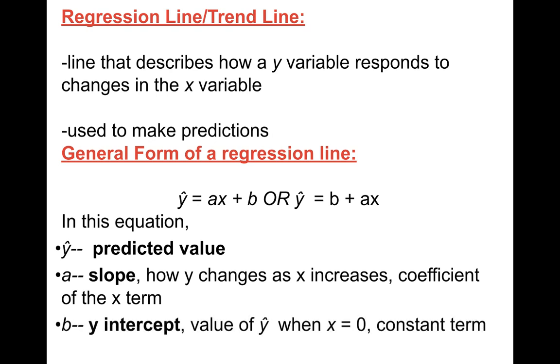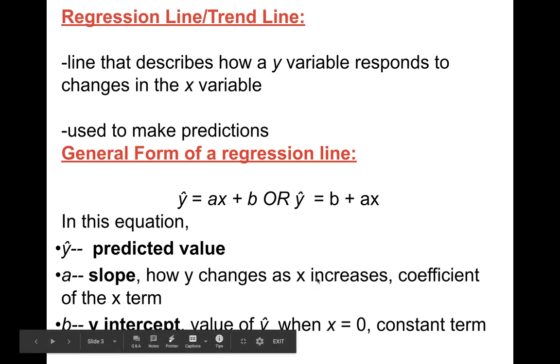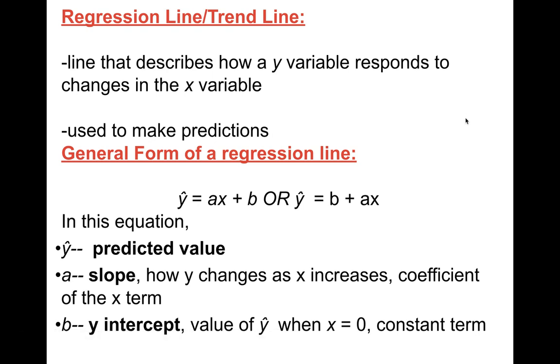The b value, just like when you originally learned slope-intercept form, the constant term, meaning it has no x attached to it, is called the y-intercept. The y-intercept is where the graph crosses or intersects the y-axis. In this case, the y-intercept is the value of y when x equals 0.